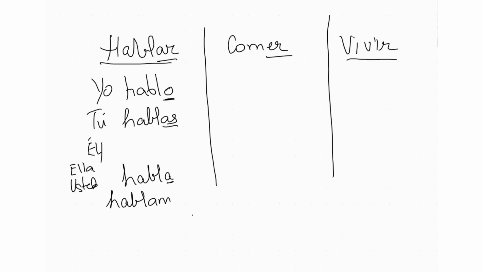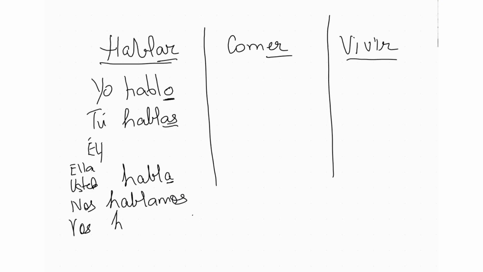Nosotros hablamos. Then vosotros. Who is vosotros? You all. Suppose you are there and another friend of yours is also there in the class. So I will say you all, not you. More than one, plural.